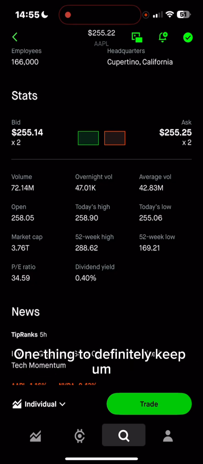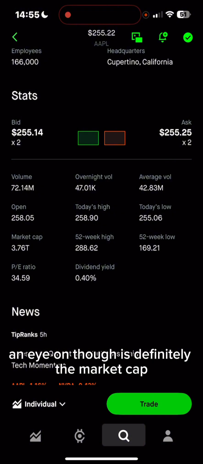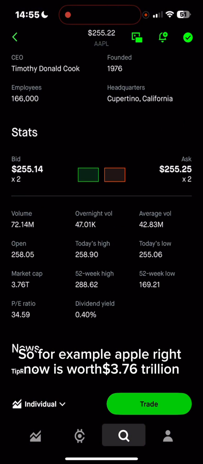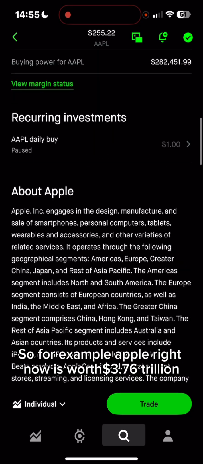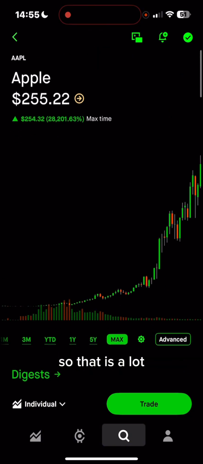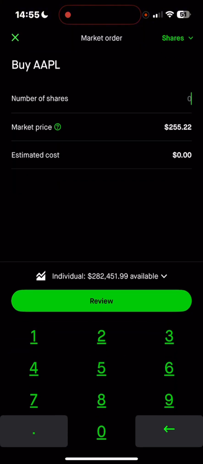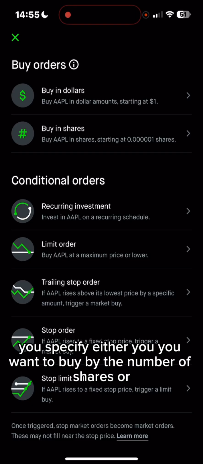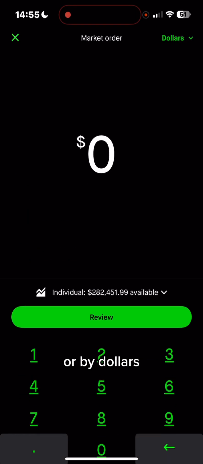One thing to definitely keep an eye on, though, is the market cap. So, for example, Apple right now is worth $3.76 trillion. So that is a lot. But you hit buy, you specify either you want to buy by the number of shares or by dollars.